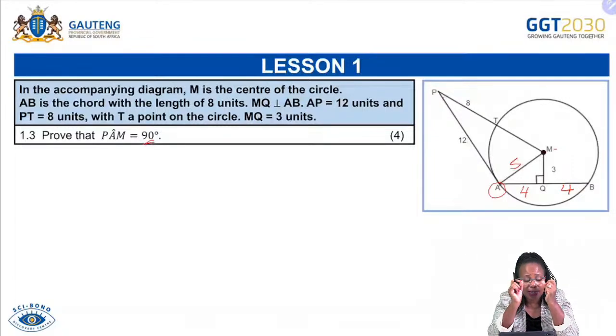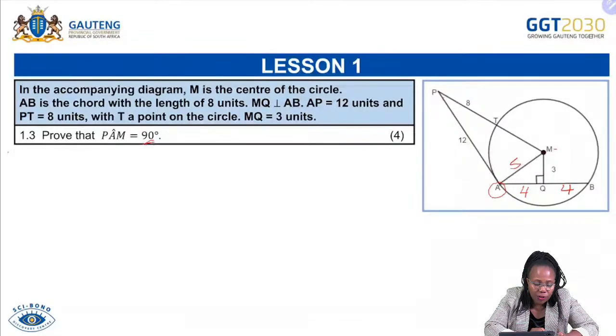So the examiner can say prove angle PAM is 90 degrees, or prove that triangle PAM is a right angle triangle. It's the same thing, grade 12. Now remember, to be a right triangle, the square of the hypotenuse side must be equal to the sum of the squares of the other two sides.